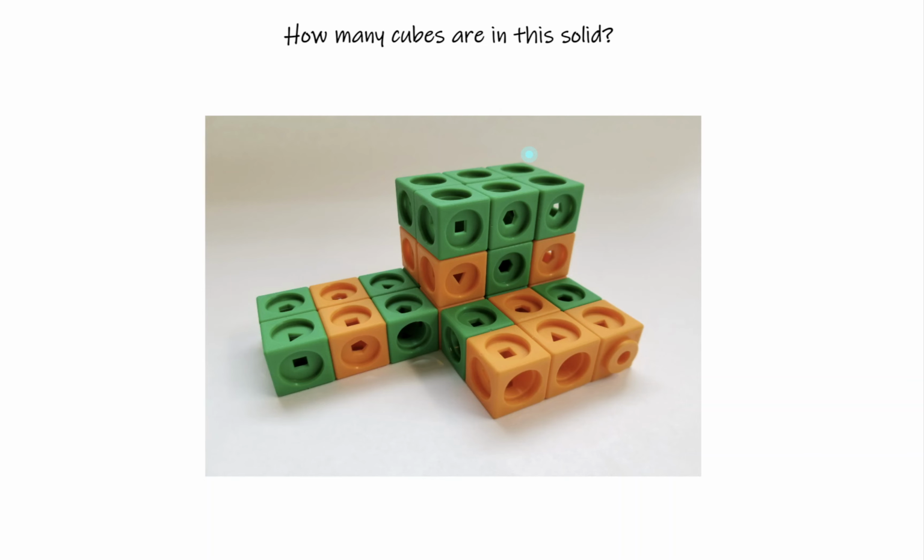Some students might remove this panel of 6 mentally and then see that behind it there is a long base that is 6 units long and 2 units wide for a total of 12 cubes. So if they've done that, they've got 12 on the top, 12 in this base, and 6 in this portion over here, again, for a total of 30 cubes.